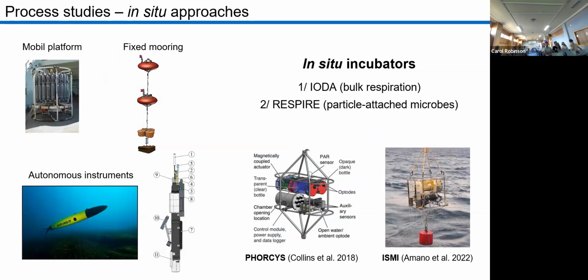So why we are now using sensors deployed on different platforms, either mobile platforms like gliders and Argo floats, or fixed moorings, or little devices developed in different labs dedicated to the surface layer to measure respiration and photosynthesis, like the colleagues at Woods Hole with their system for in situ vital primary production.